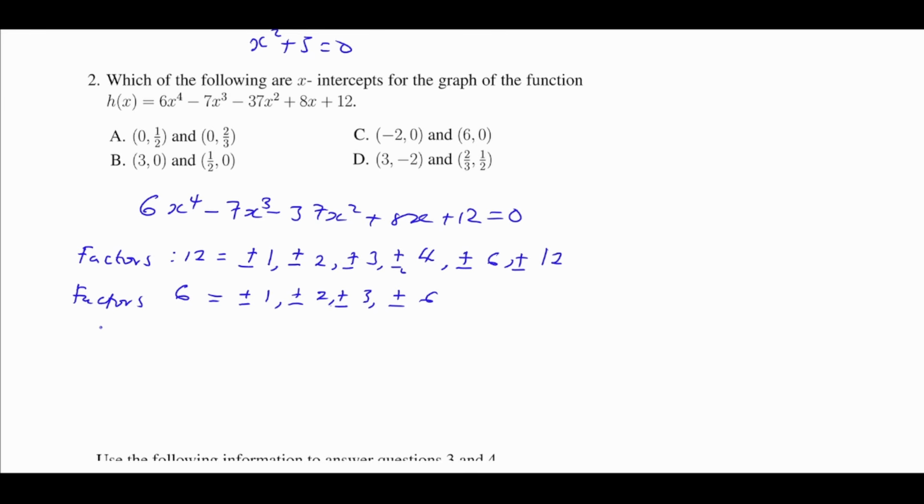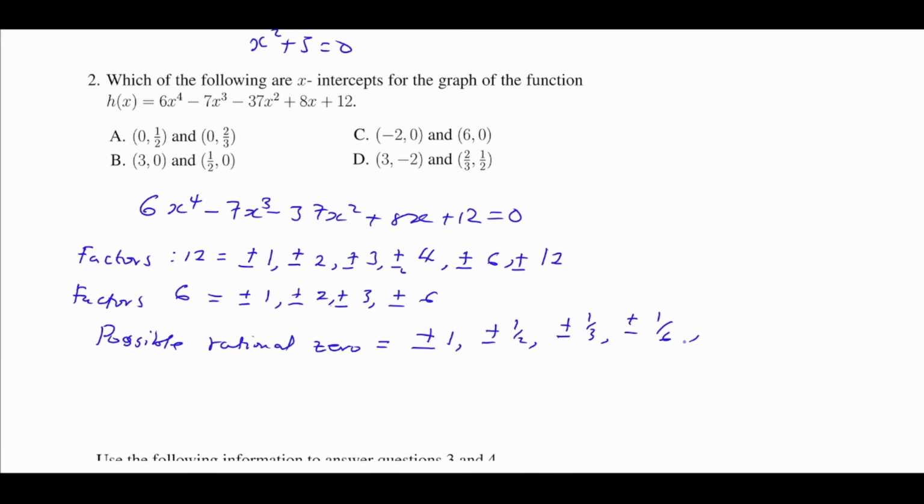Now, to find the possible rational zeros, we will take the ratio between the last number and the first number. When I take the ratio, I get plus or minus 1, plus or minus 1 over 2, plus or minus 1 over 3, plus or minus 1 over 6.